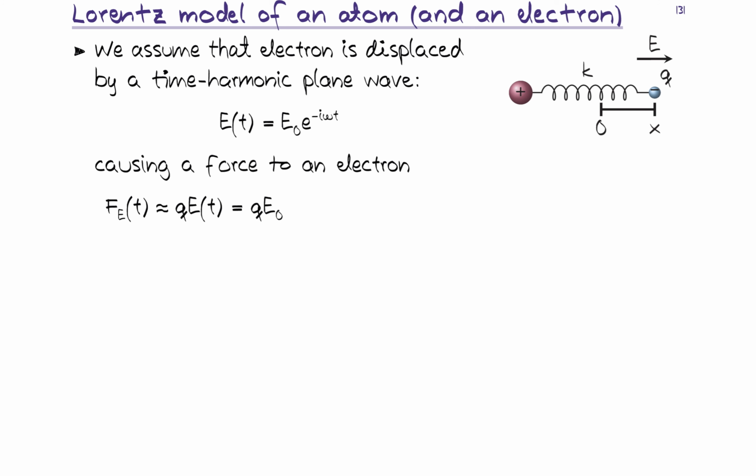So Q times E0 times the exponent of i omega t. Please recall the Lorentz force, which in vectorial form is that the vector force equals Q, the charge of our particle feeling the force, times E plus Q times v cross the magnetic field. So this is the Lorentz force law.